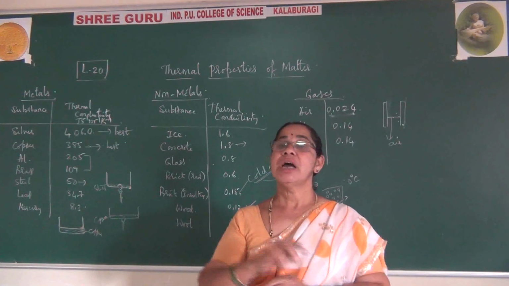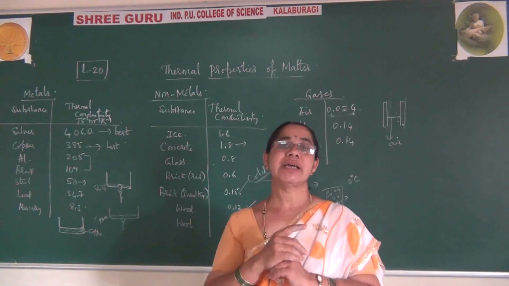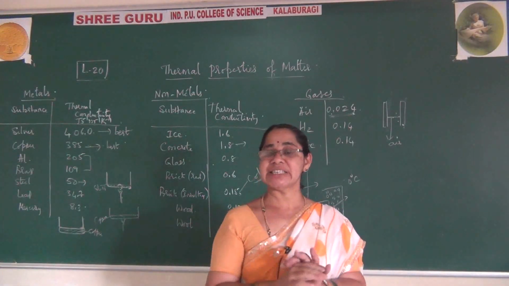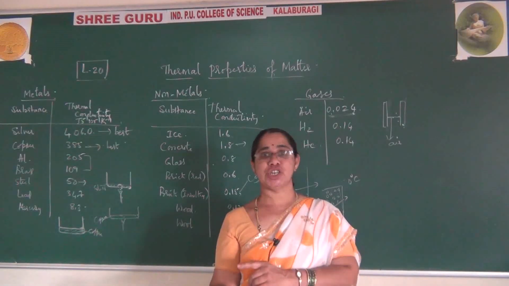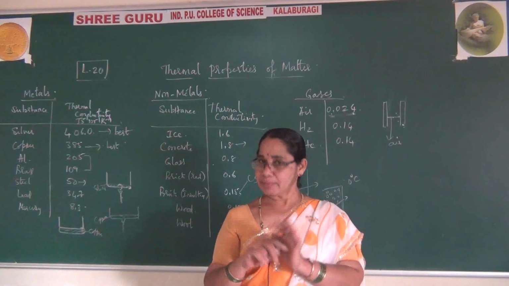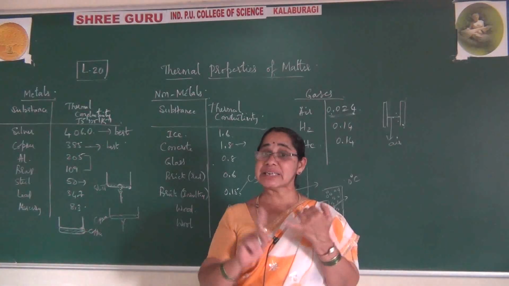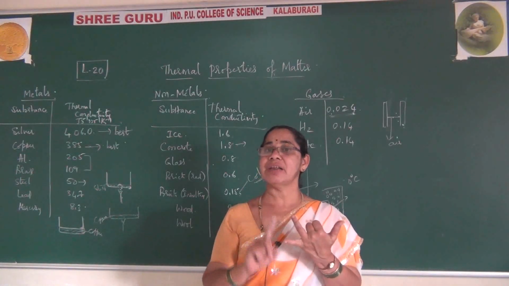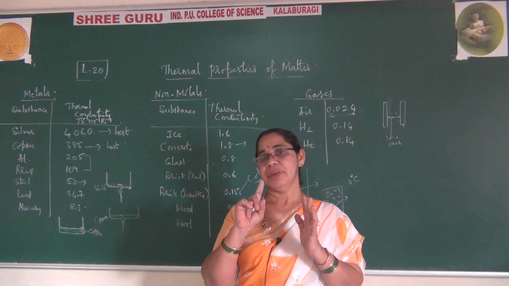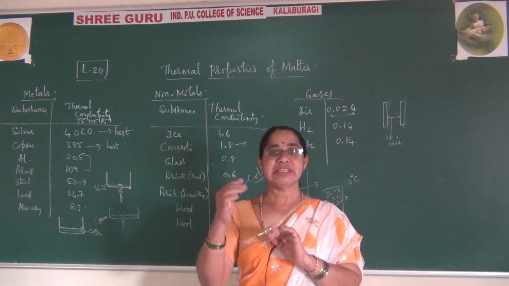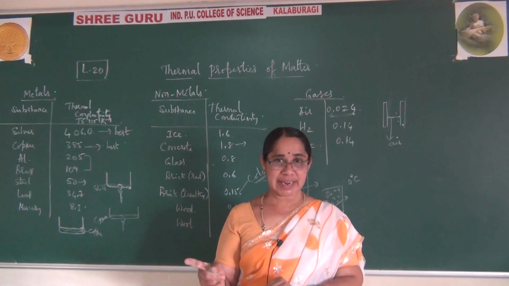Also you have observed the outside of the thermos flask has a shiny surface that prevents the radiation of heat. So a good thermos flask is the best example for conduction, convection and radiation. The outer surface, which is shiny, prevents radiation.